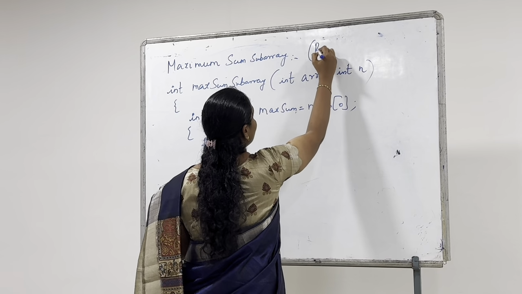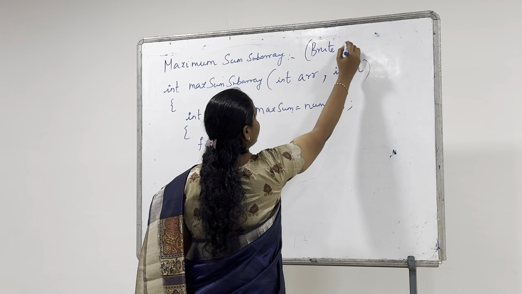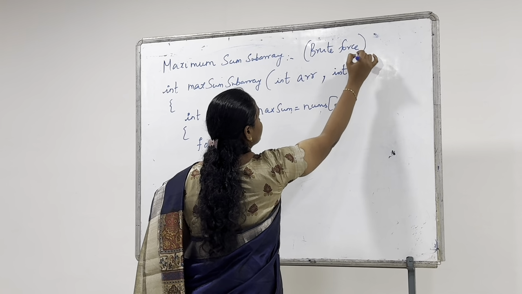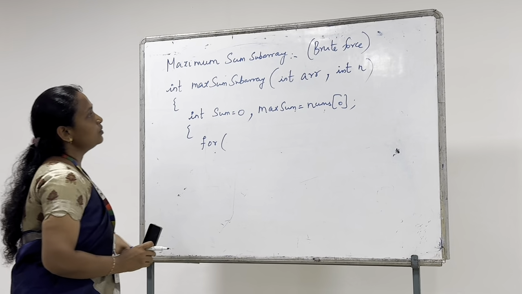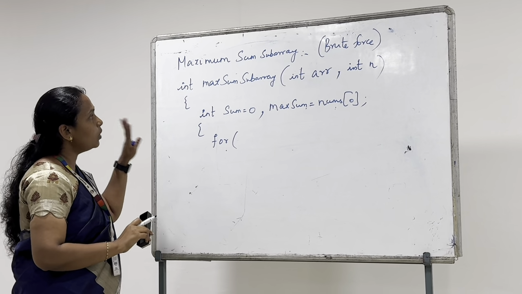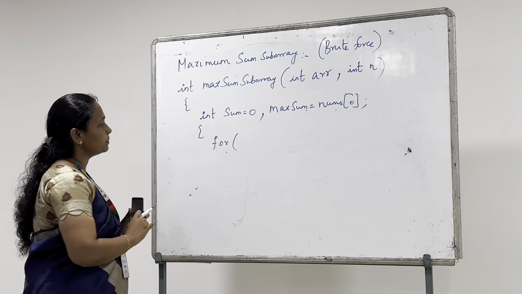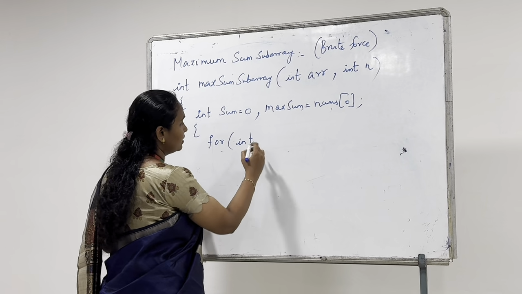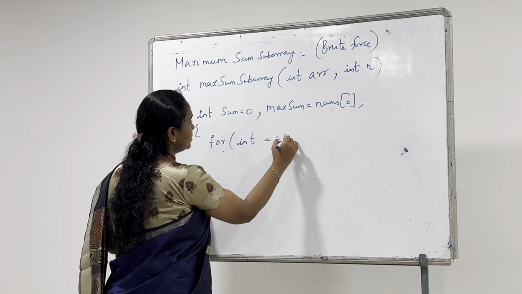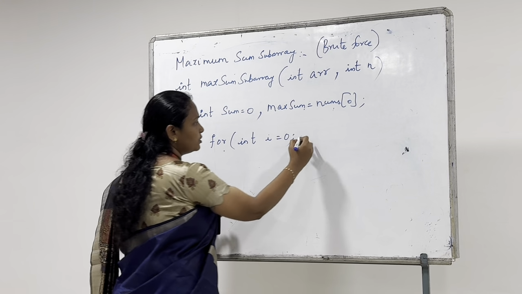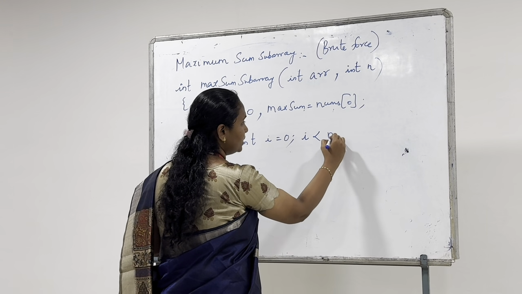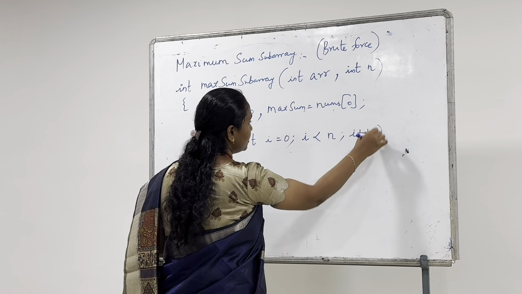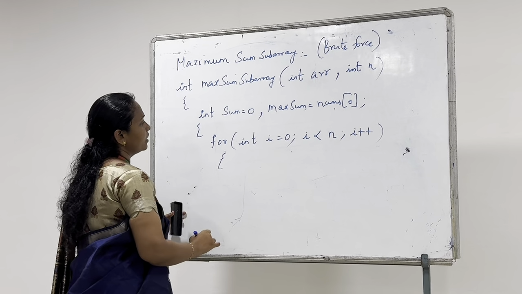So we are going to iterate all these subarrays to find the maximum sum. For that we need a loop to iterate. So for int i equal to 0, the array index starts from 0 and it should go up to the length n, and then every time it should get incremented.